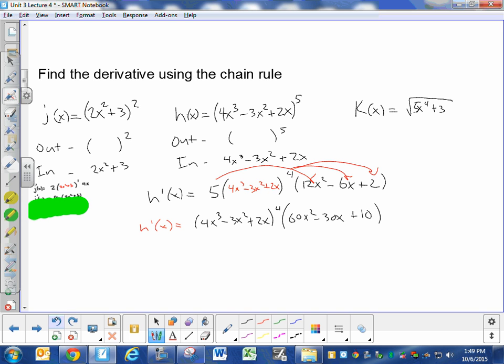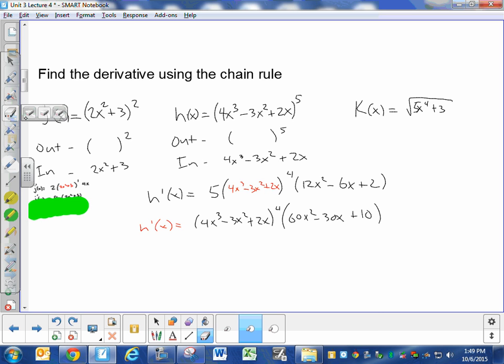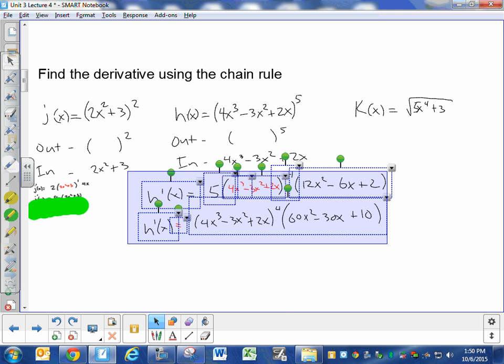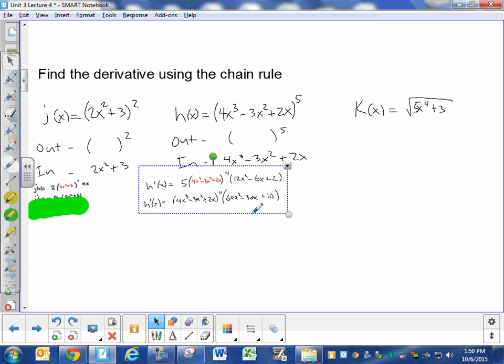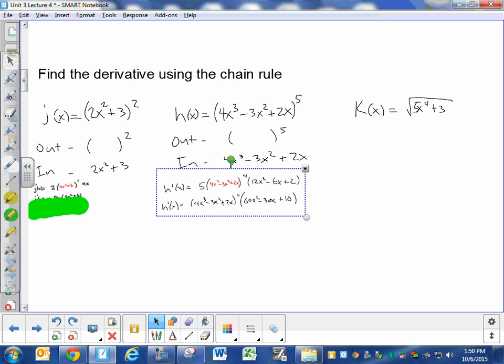Okay, why don't you guys find the derivative of k? See how you do. Check your answer with a neighbor.